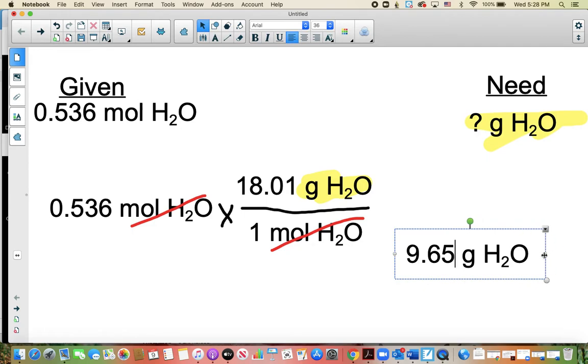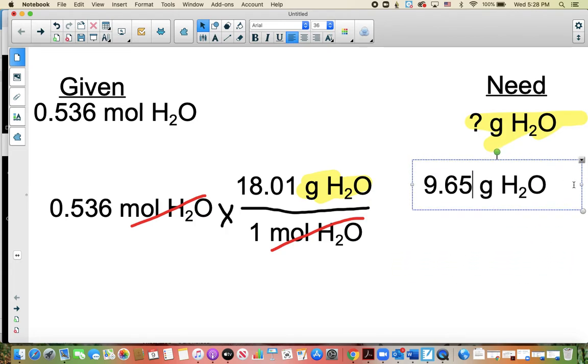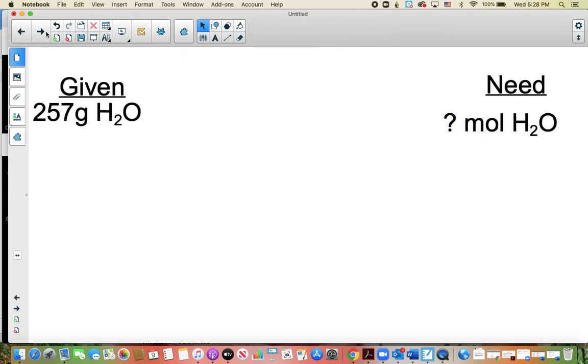Let me contextualize that a bit. 0.536 moles of water is going to have a mass of 9.65 grams. So that's something we can measure in a lab. That's something that we can do something with.